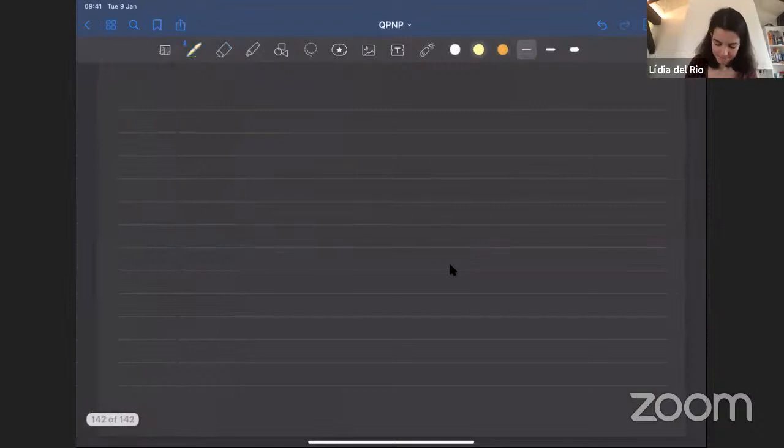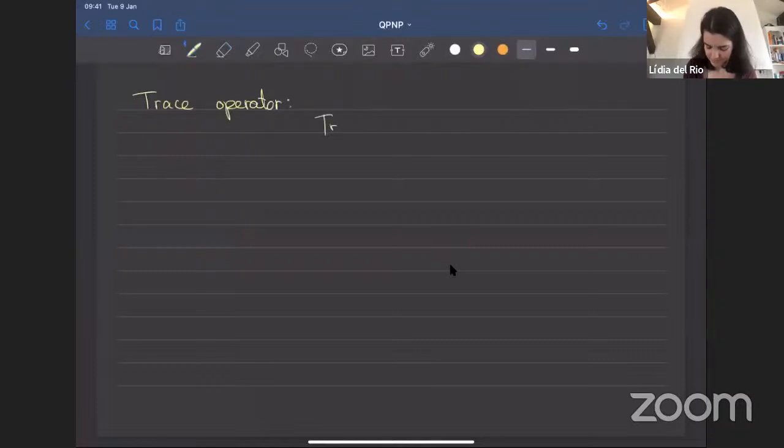So let me introduce you to the trace operator. It's written like this. You apply it to any matrix, or an operator if you are in continuous variables, it doesn't matter.